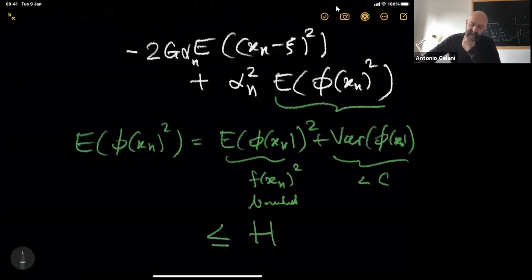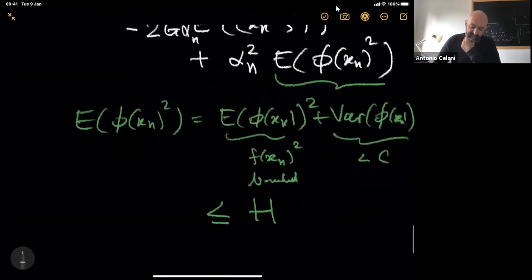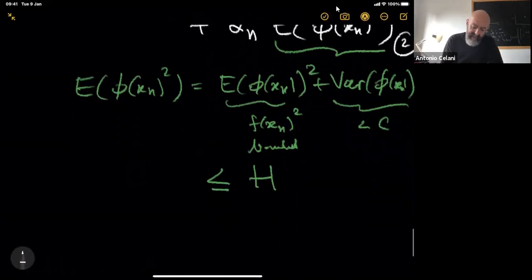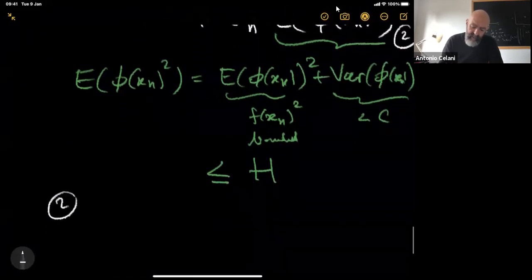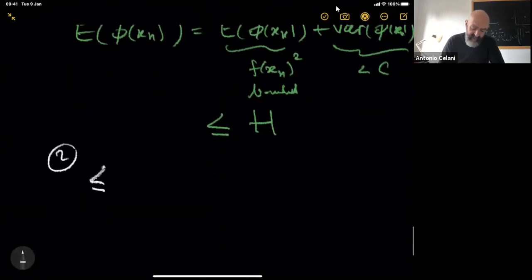Fine. If we can do that, then we can add another step to our inequality. So this is my equation 2. And then if I take it back from 2, I get that further inequality. Sorry, let's rewrite this again for clarity.